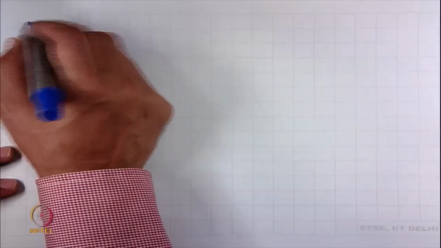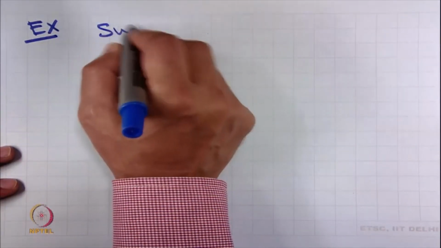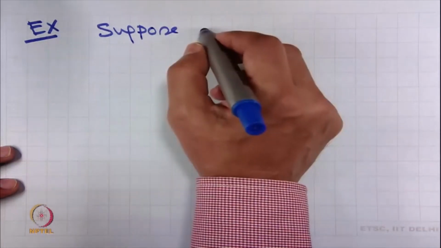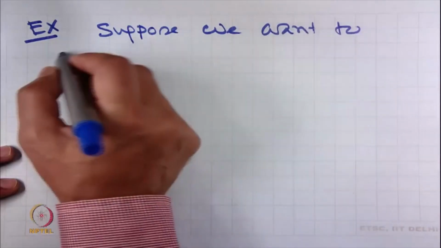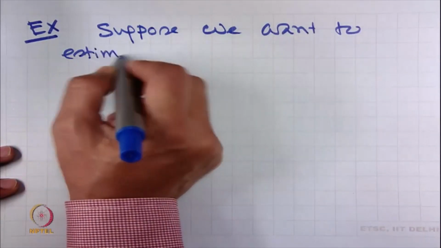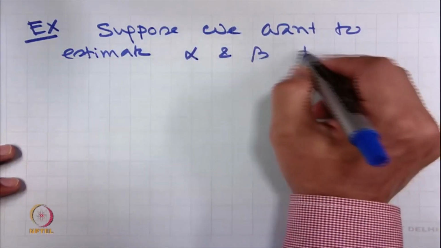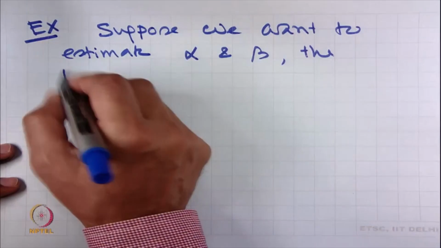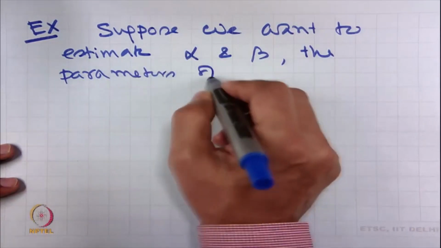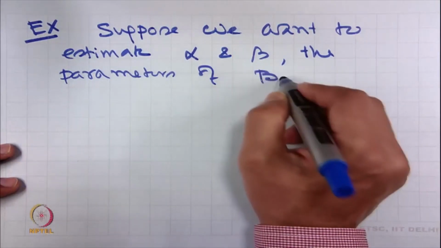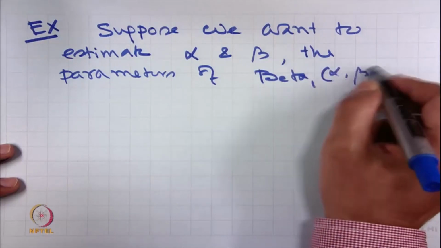Consider another example. Suppose we want to estimate alpha and beta, the parameters of the beta 1 distribution, with alpha and beta.